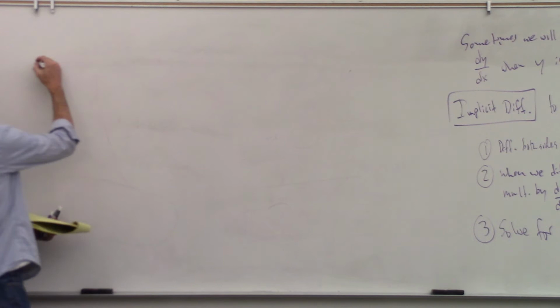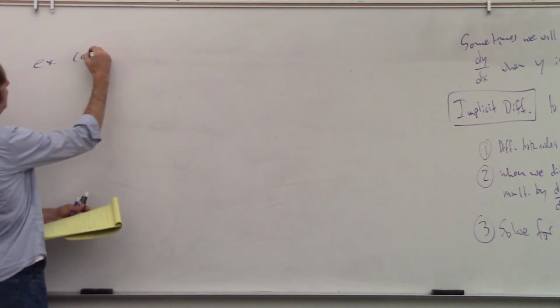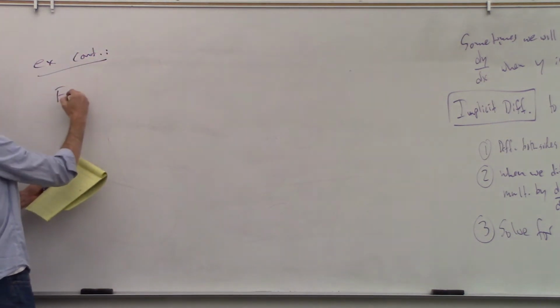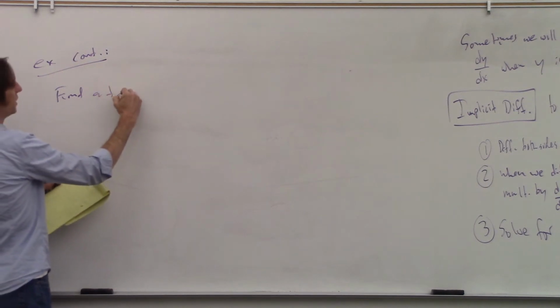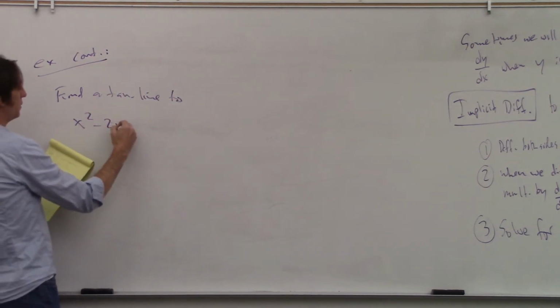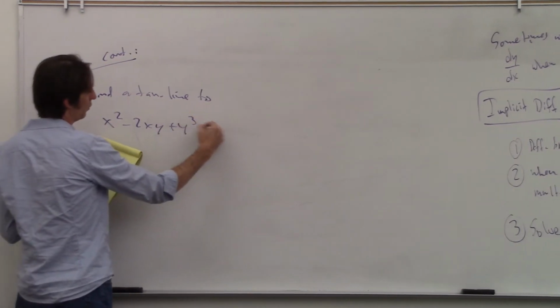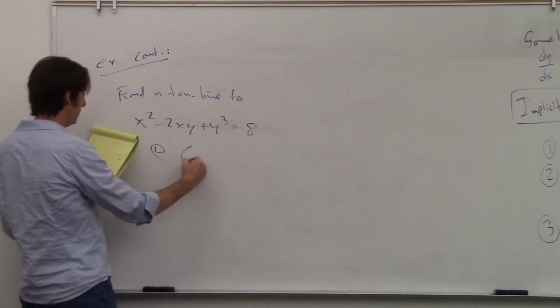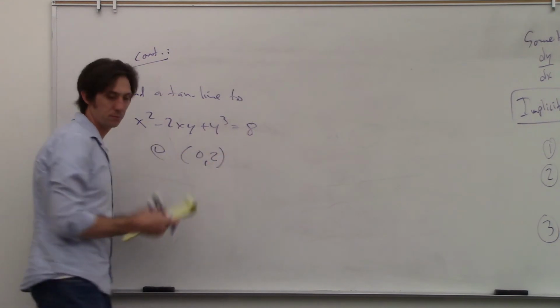All right, so this is a continuation of the example. Let's find a tangent line to this curve, x squared minus 2xy plus y cubed equals 8, at the point (0, 2).